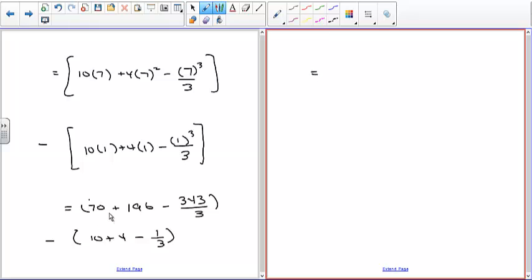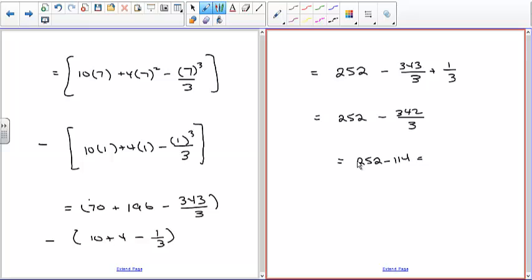So what I'll do is the whole numbers first. You'll have 70 plus 196, subtract 10 and 4, so I'm subtracting 14, and so I'll get 252 minus 343 thirds, and here I have a negative minus 1/3, so that's going to be 252 minus 342 thirds, and you can divide that by 3. 342 divided by 3 is 114, so we get 252 minus 114, which is 138.